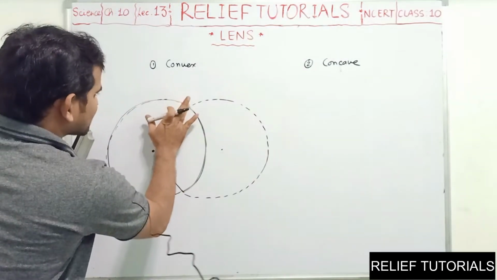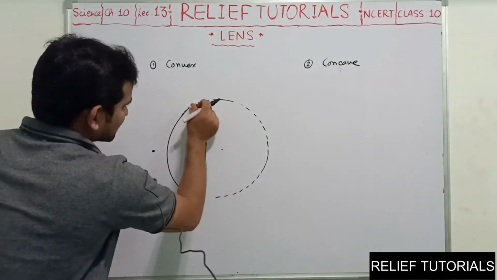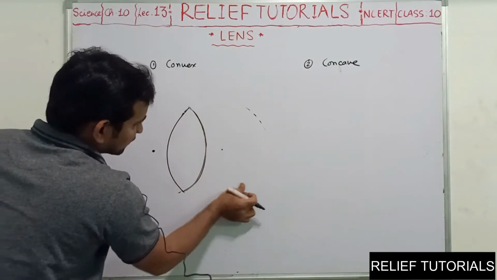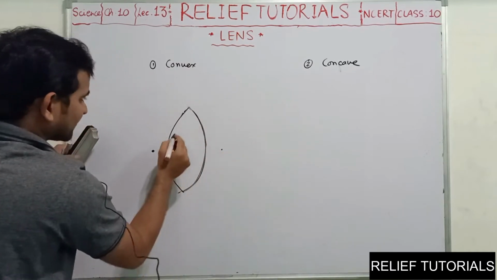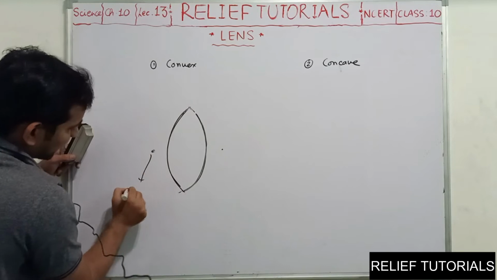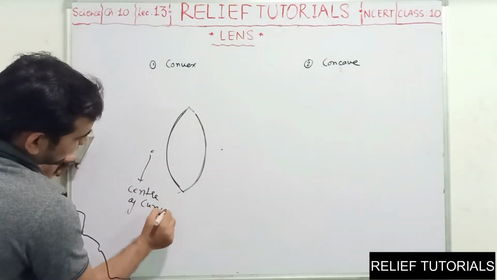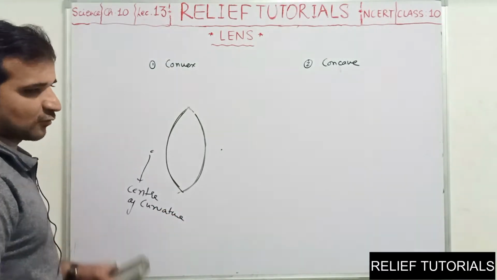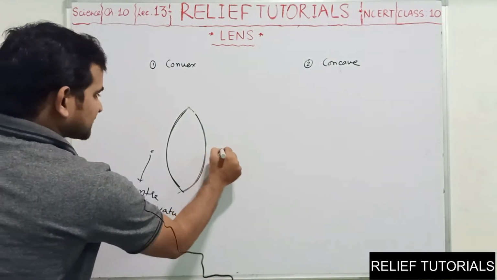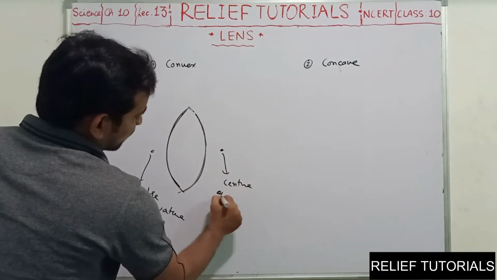Now if you cut these spheres, this is the lens. Now these are no longer solid spheres of glass, they are lenses only, but these centers are now called the center of curvature, as we have discussed already in the case of mirrors. This can be center of curvature number 2.